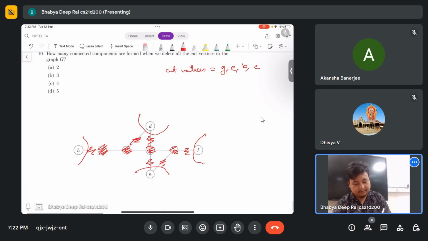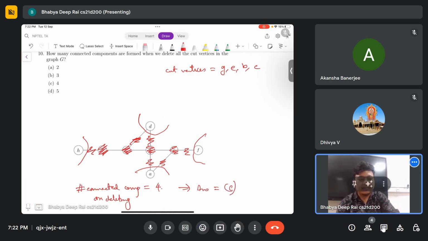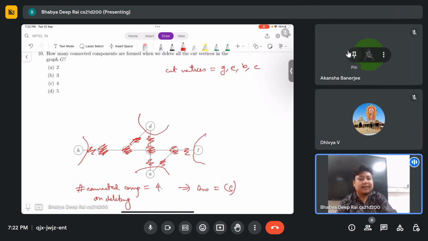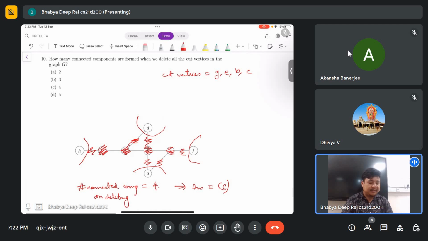So the number of connected components is 4, which means that the answer is C. Yes, that's right, Anand. C is the answer. I hope this is fine.